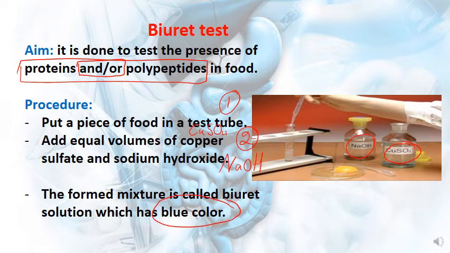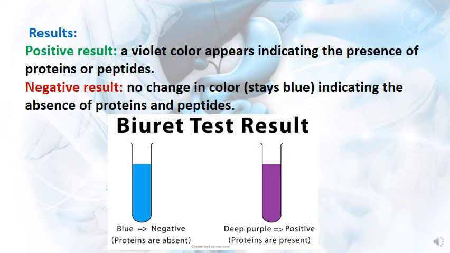So this test is done to identify the presence of proteins and or polypeptides. So if you have a positive result, what does this mean? Results: a positive result, a violet color appears, indicating the presence of proteins or peptides. Both of them, either protein or peptides.